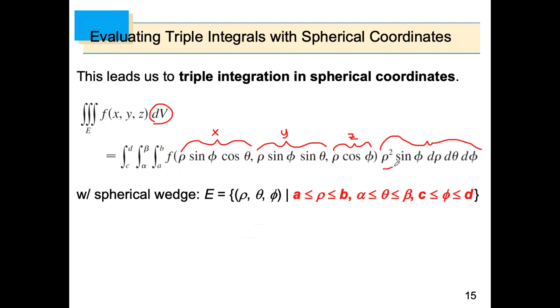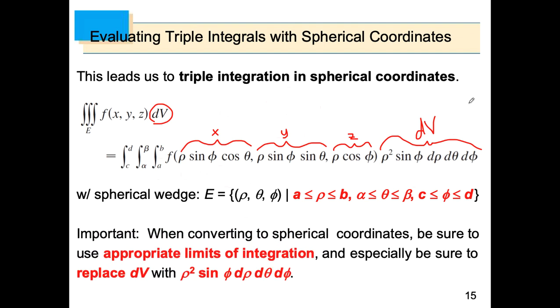This entire expression, the rho squared, the sine phi, the d rho, d theta, d phi, all of that is going to be my dv differential. You must replace dv with that entire expression every time. Whenever you're going from rectangular to spherical, replace dv with all of that. You cannot miss one little thing from that expression.